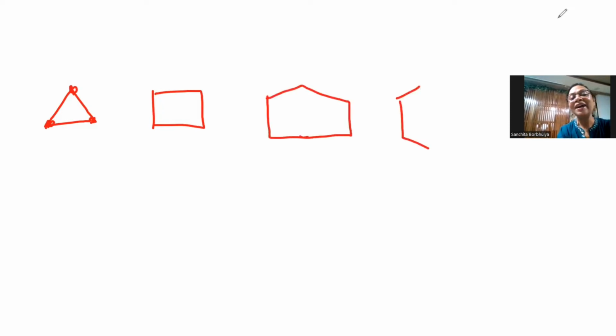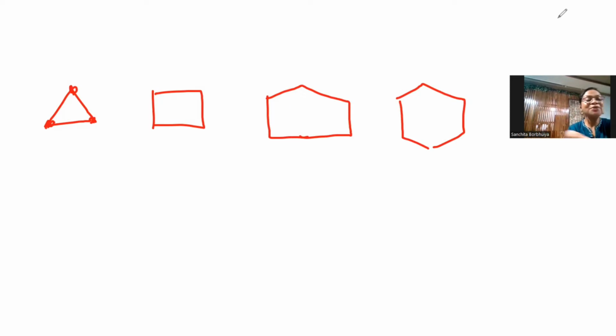So going on to cyclic alkyl halides, you must be knowing a triangle represents cyclopropane. Yes, there are 3 carbons, CH2, CH2, CH2. The square or the rectangle represents cyclobutane. A pentagon represents cyclopentane. A hexagon represents cyclohexane, so on and so forth. Now, the thing is that we are learning about cyclic halides.